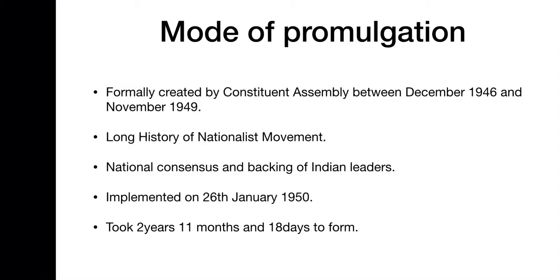It drew upon a long history of the nationalist movement that had a remarkable ability to take along different sections of Indian society together. It was based on national consensus, and Indian leaders also supported this idea. It was implemented on 26 January 1950, and it almost took 2 years, 11 months and 18 days to complete its formation.